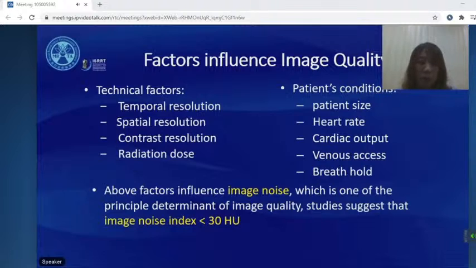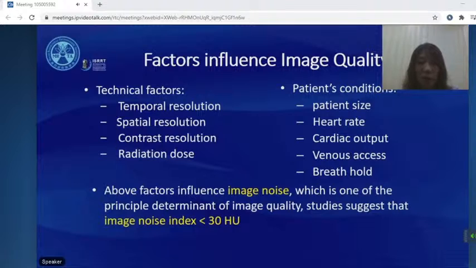Technical factors include temporal resolution related, which is when is the best time for the scan, spatial resolution related, which is rotation time, kV, mA, and so on. Contrast resolution related, the velocity and the amount of contrast you use. And radiation dose. Patient factors include patient size, heart rate, cardiac output, venous access, and breath hold.